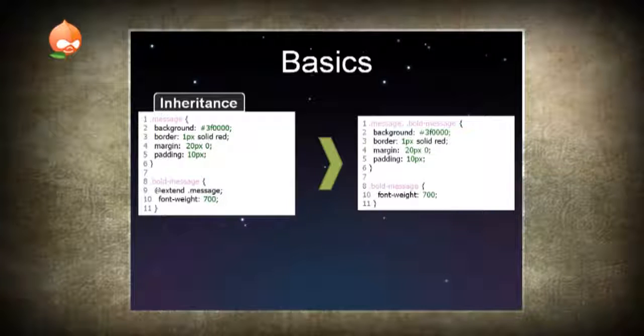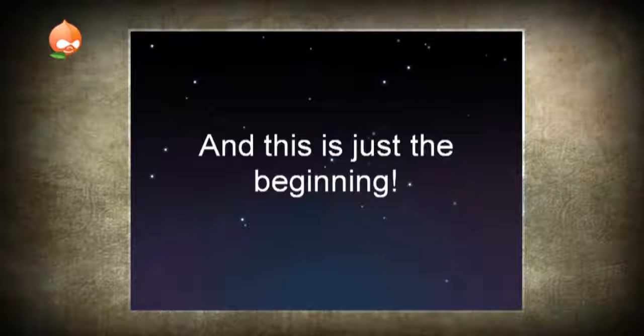So right here, we're extending the message class because in this case, they have nearly the same attributes, except for the fact that the bold message we want to make font weight of 700, which is bold. So just declare that, and it puts the font weight and just appends the bold class onto the message. Does all the work for you.